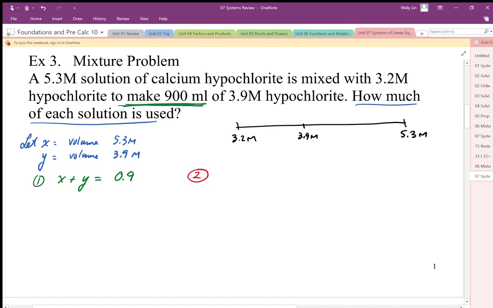So we're going to take the 5.3 moles and multiply it by volume X. This represents the amount of hypochlorite. And this in green here is the volume.